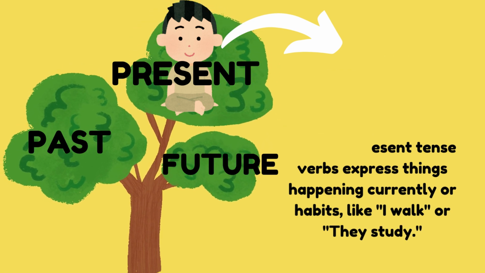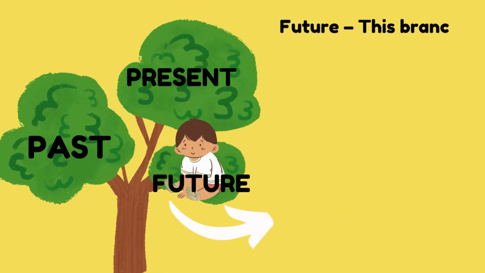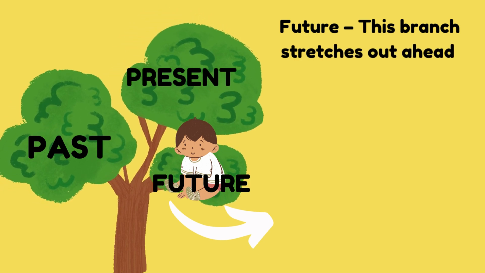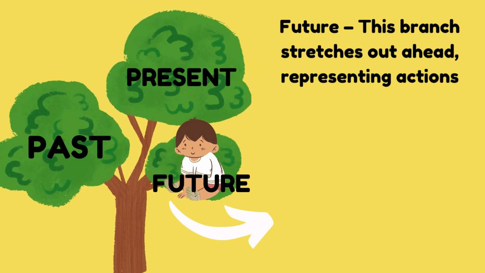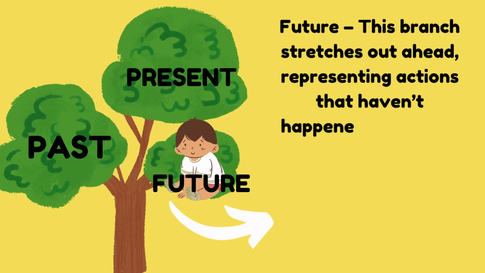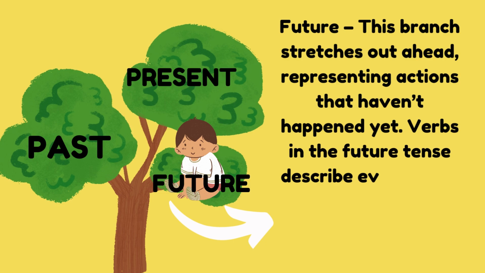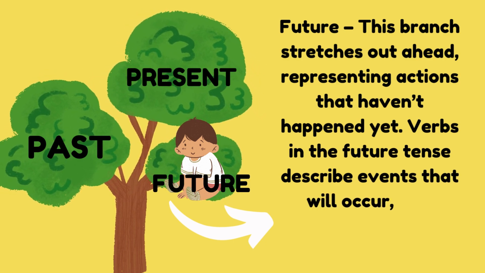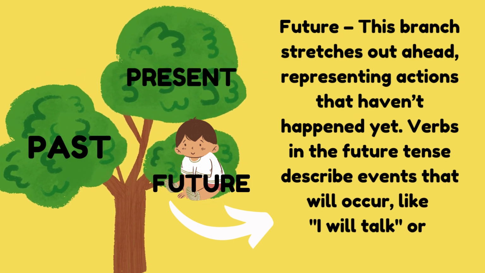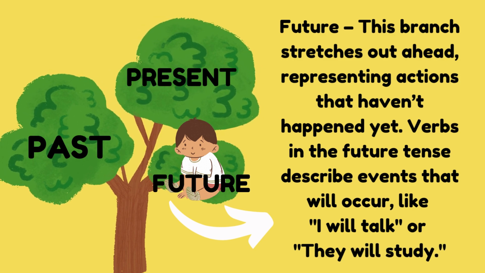And the last branch is the future. This branch stretches out ahead, representing actions that haven't happened yet. Verbs in the future tense describe events that will occur, like I will talk or they will study.